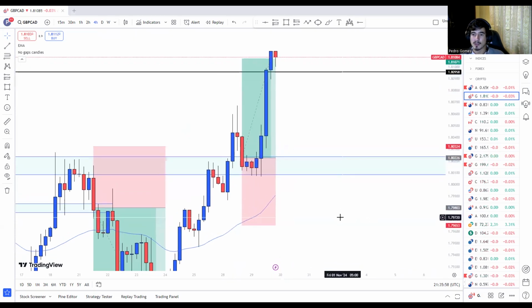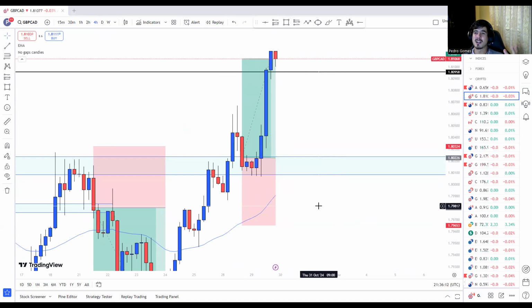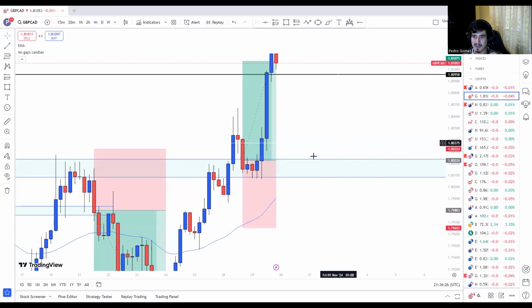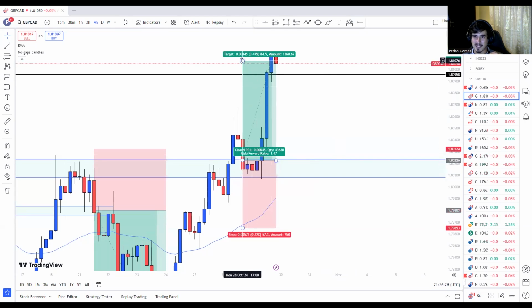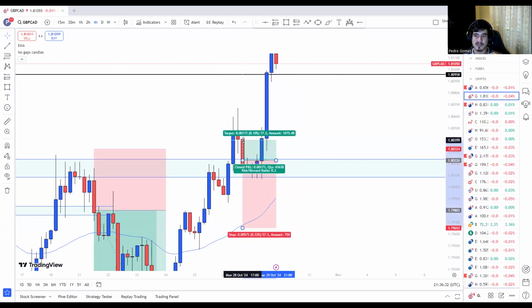Okay, so what I do, I actually grow my account 4x. Imagine if you have a $100 account or 100 euros, because here it's euros. If you have 100 in your account, you grow it to 400. So what I did was I placed my take profit where I think the price can go really easily.